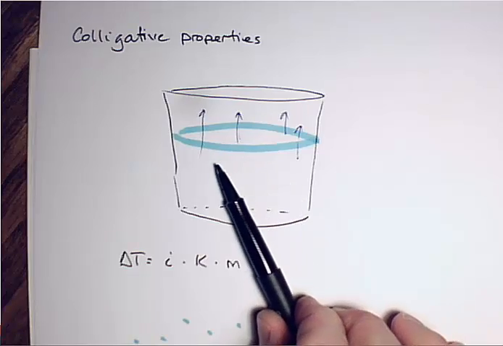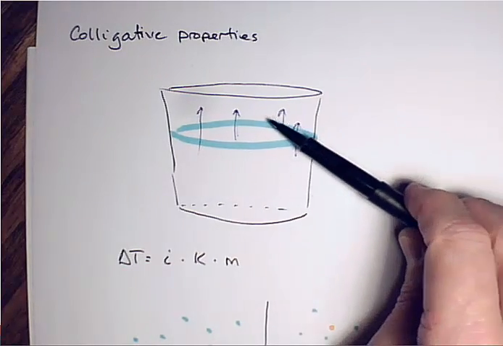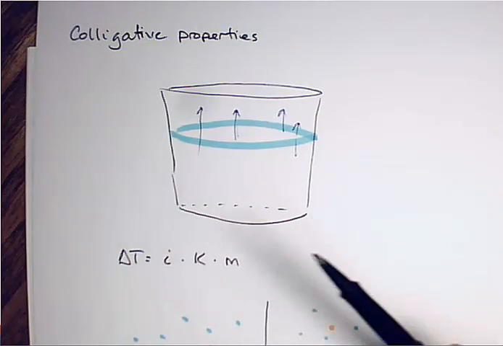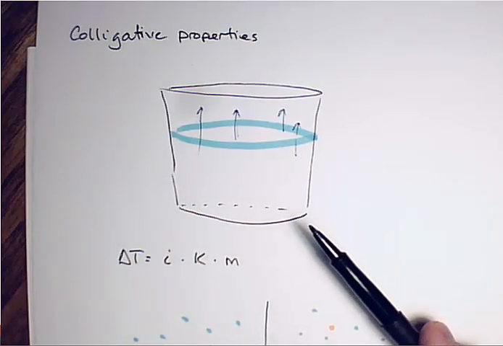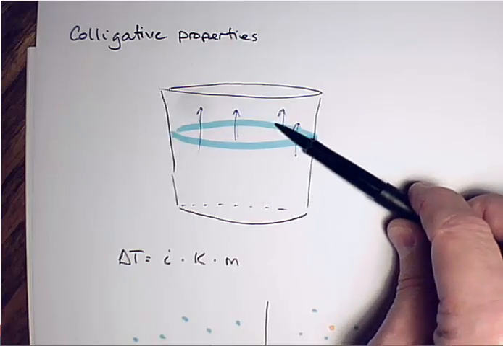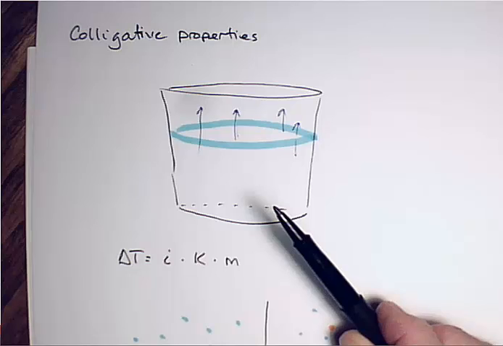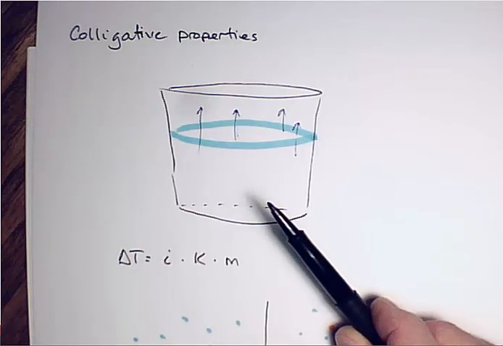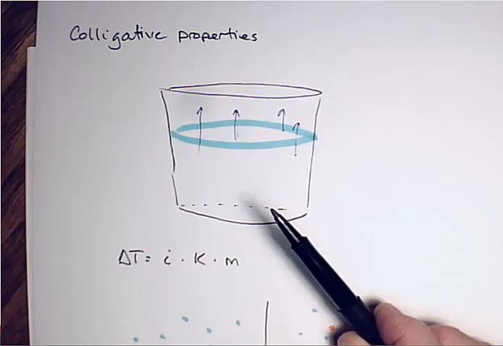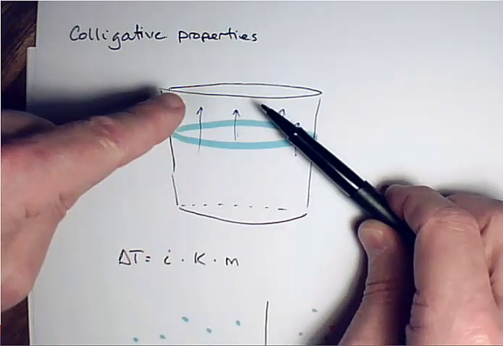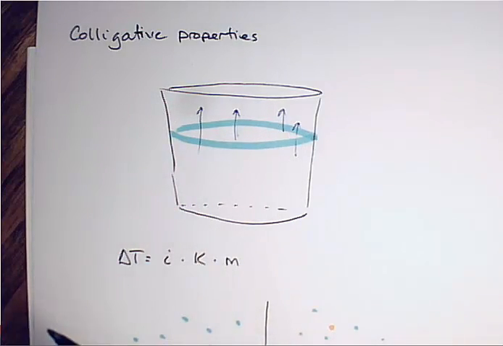If this is a solvent, and I'm going to add solute particles in there, like table salt, like sugar, whatever, they sort of block the way of these escaping vapor particles. They evaporate slower. They also boil at a higher temperature because it's harder for those particles to escape.